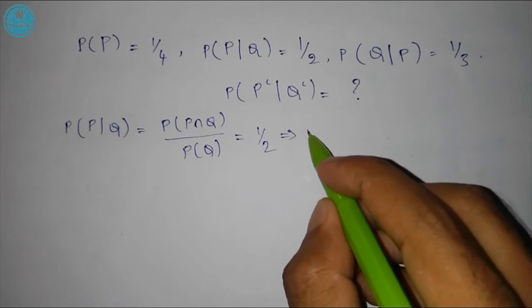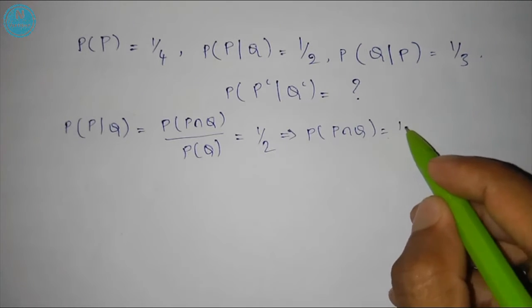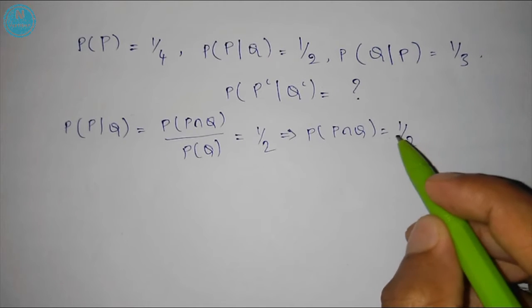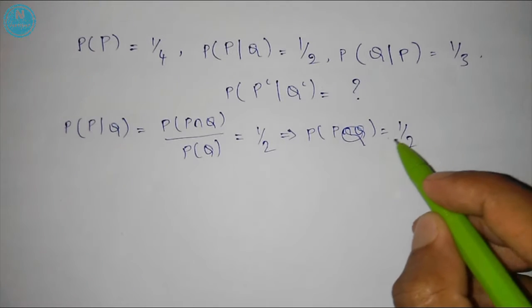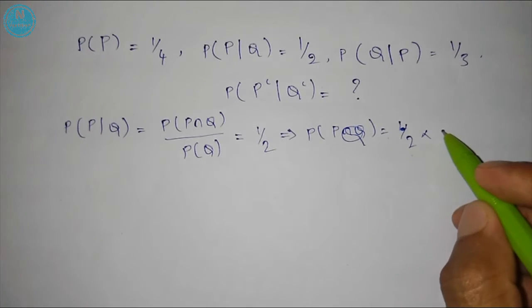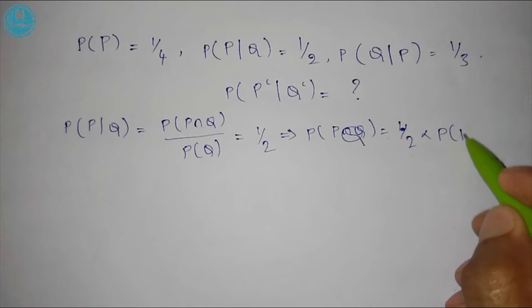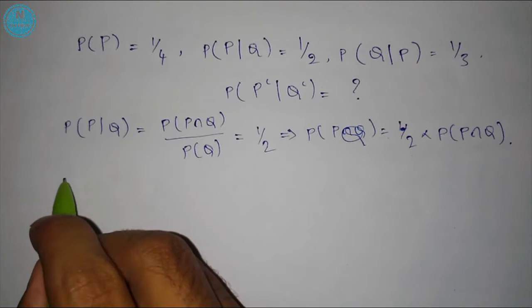From this, write it in P of Q is equal to 2 into P of P intersection Q. We need to find out P of P intersection Q.